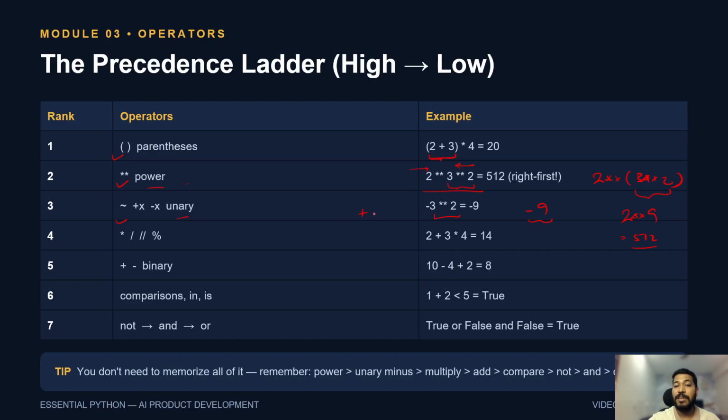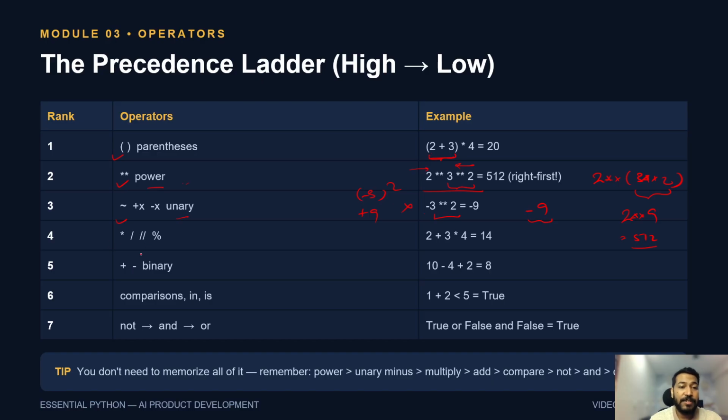People will be thinking plus 9, because minus 3 to the power 2, we are squaring minus 3, and minus 3 multiplied by minus 3 will be plus 9, but that is not the case. This is one of those small hacks that, if you are not observing very closely, you will end up calculating in a wrong manner. That is something we need to understand and follow properly.